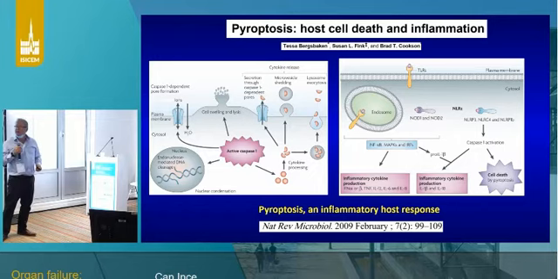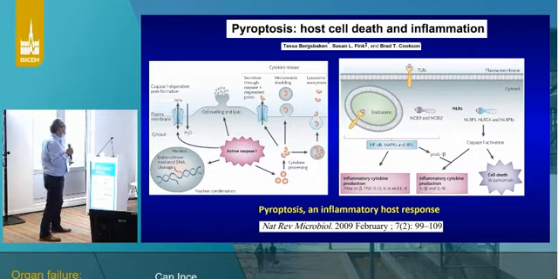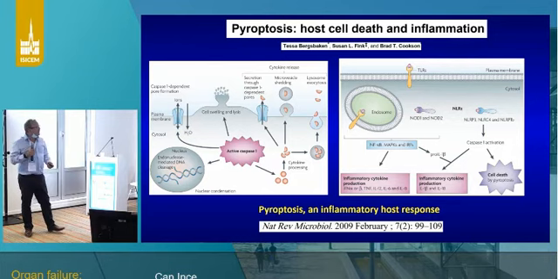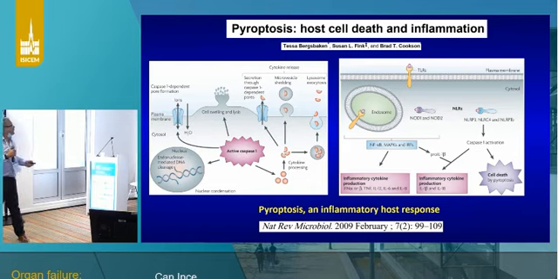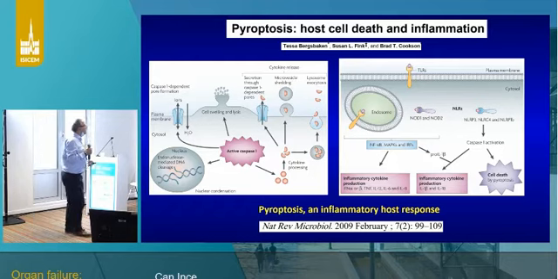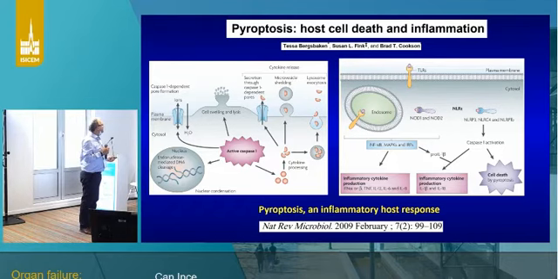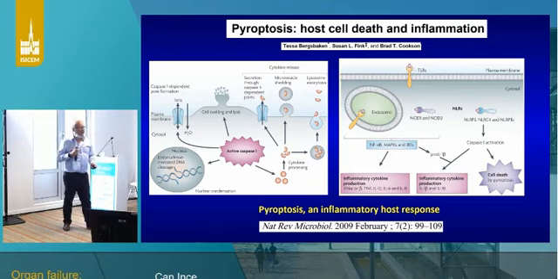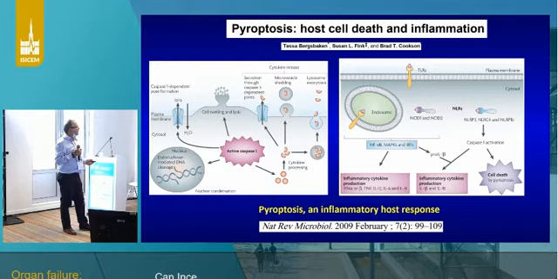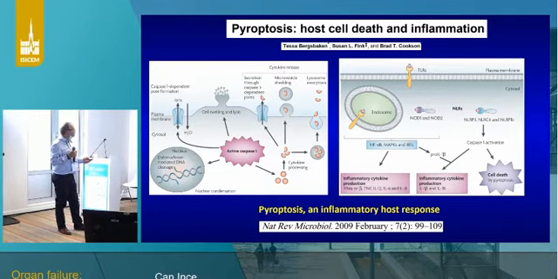You can see them on electron microscopy. It causes cell swelling and release of intracellular cytokines. So that's why pyroptosis is very, very immunogenic and causes activation. And these pores cause a depolarization of the cell. It loses its ability to generate energy, resulting again in cell death.